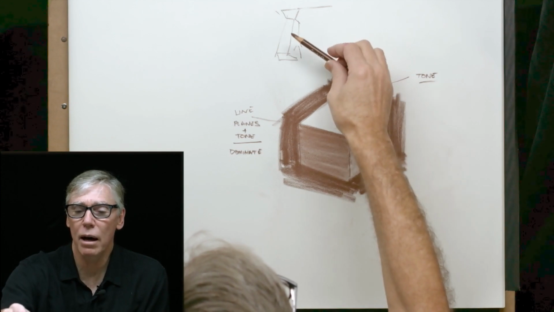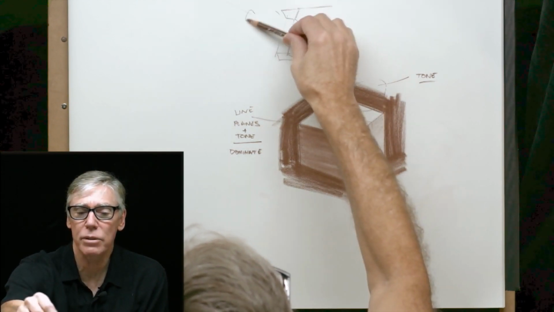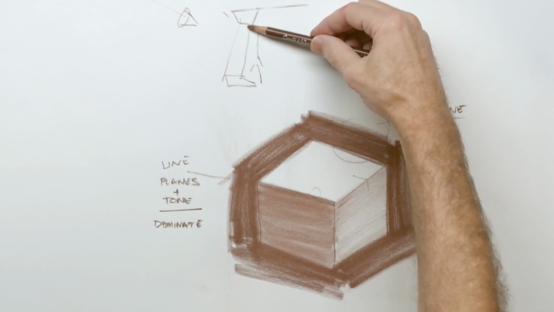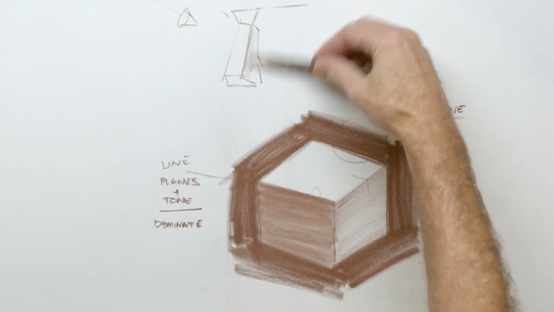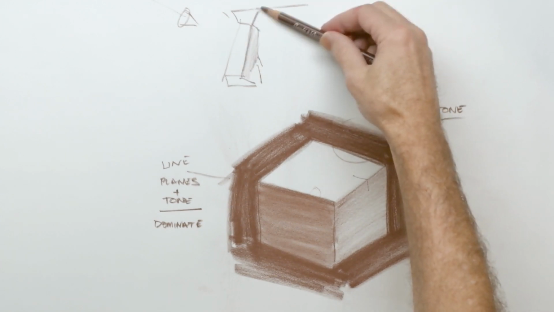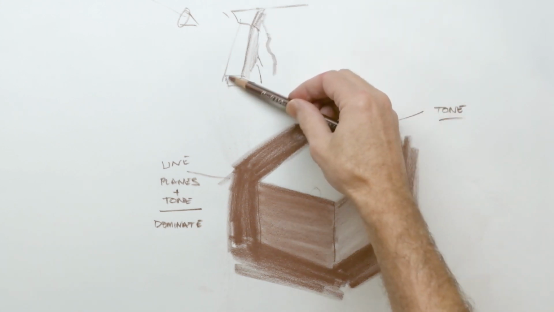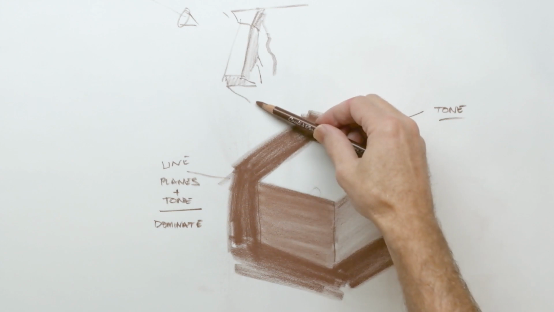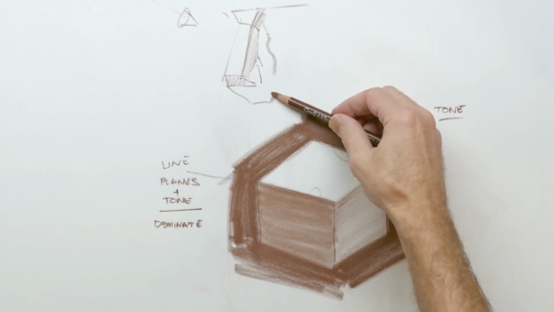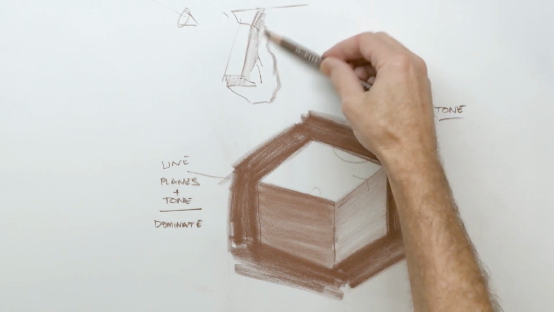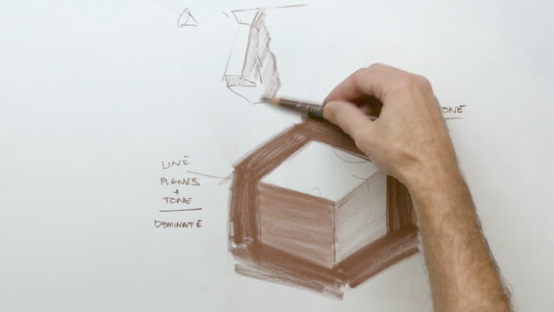So maybe a light source is coming across this way, and you're turning this plane, and it goes into a shadow. And this whole area will go into shadow.